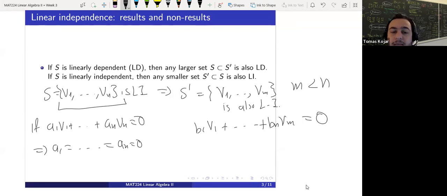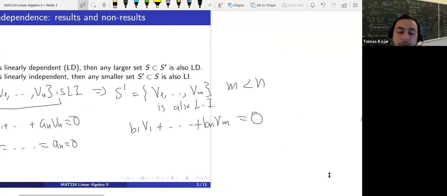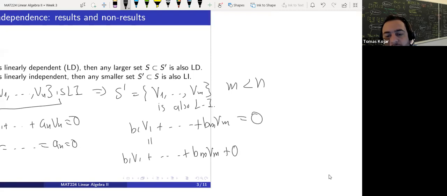We want to get that the BIs are also 0. How do we do this? Well, this is equal to B1 V1 plus ... plus Bm Vm, and then you add the rest of them: 0 times Vm plus 1 all the way to 0 times Vn.